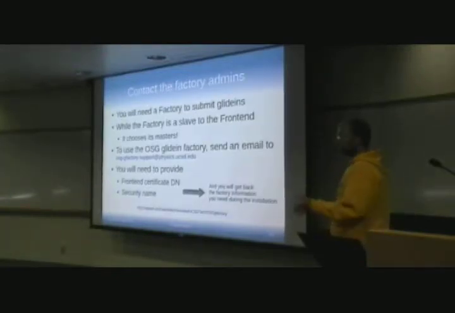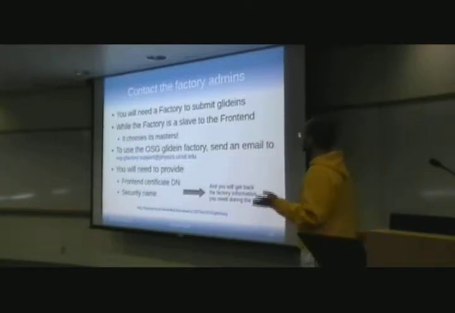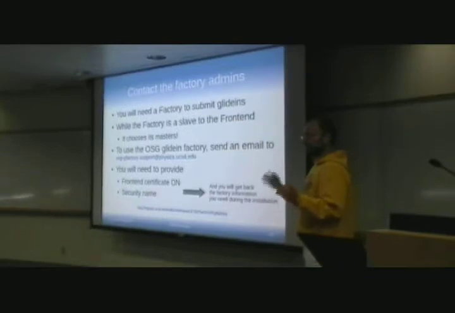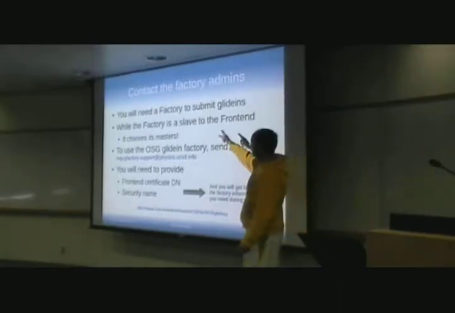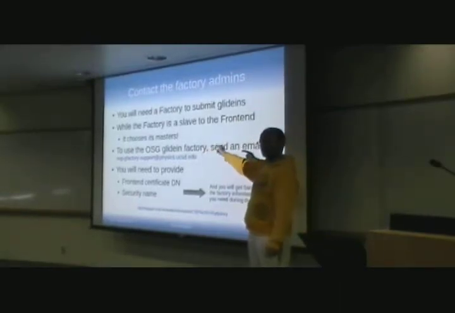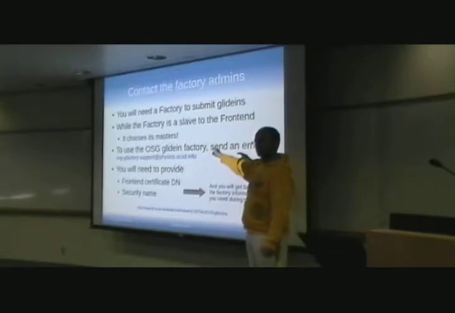At this point, you have all the information you need, and you should contact a factory in order to get authenticated on the other side. Because a factory, even if it is a slave, still chooses its master. So if they don't whitelist you, you will be turned away.